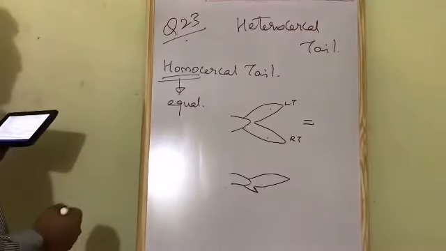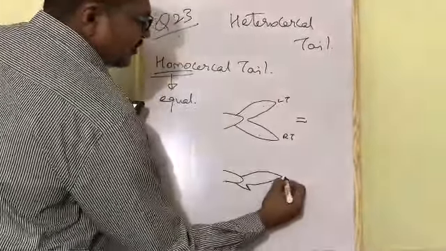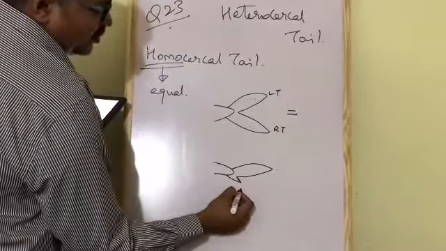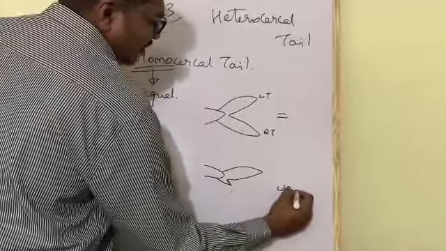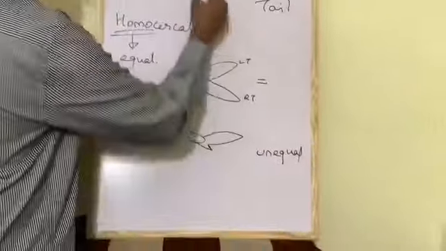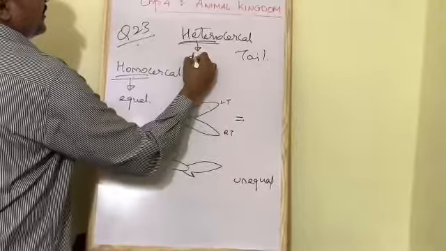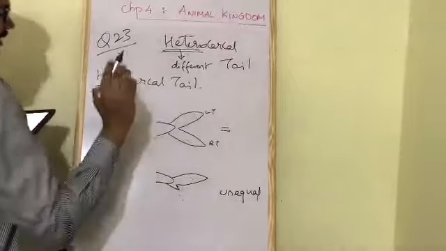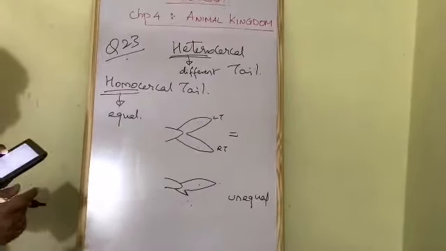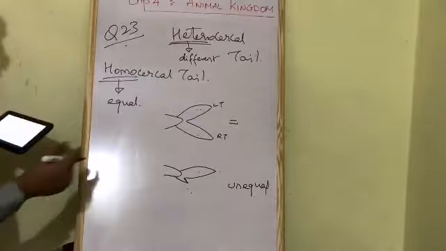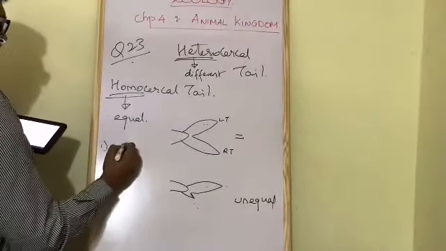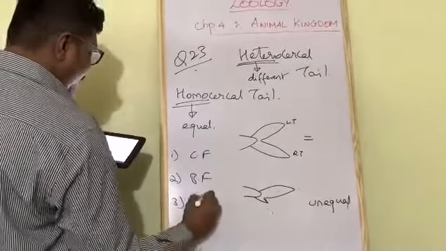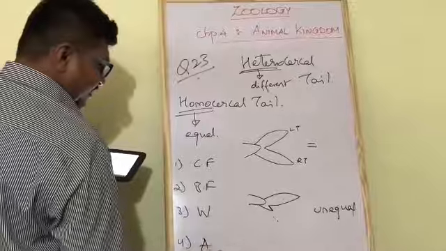But if you talk about the shark, then the caudal fin is going to be like this. One of the tails is longer and one is shorter, so they are unequal. The meaning of hetero itself is different. Both the tails are different, left tail and right tail are different. So that is called heterocercal. Now let's go with the options. First option is cartilaginous fishes. Second option is bony fishes. Third option is whale. And fourth option is amphibians.